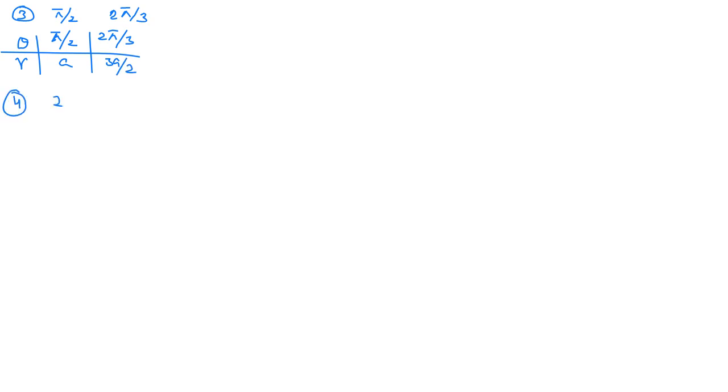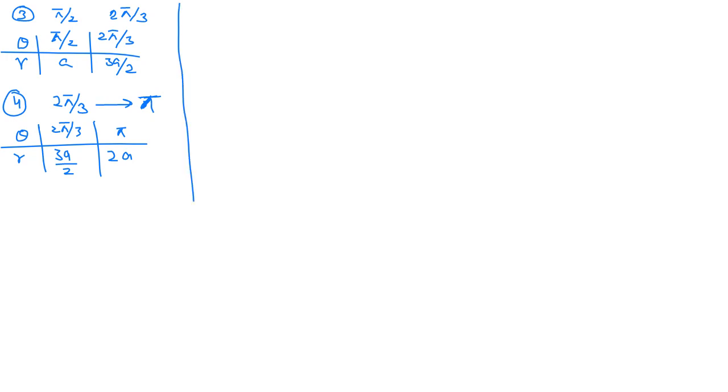For the fourth point, which is 2 pi by 3 to pi, theta and r, for 2 pi by 3 you already have 3a by 2, and for pi it will be 2a.